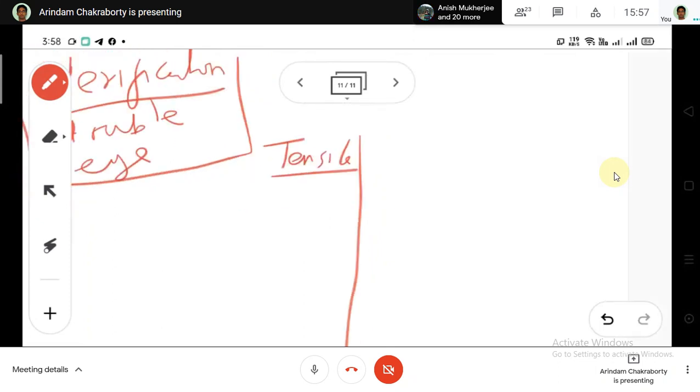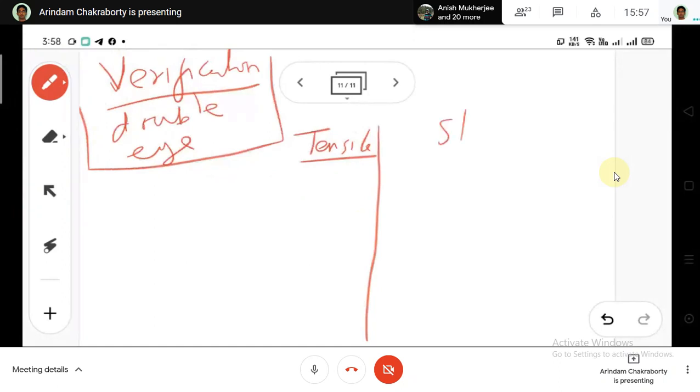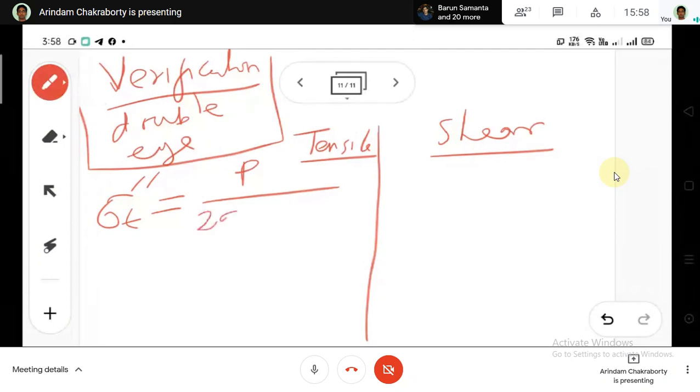Another one is shear. We know the value. We know the formula, that is sigma. Now write sigma double dash T, not double T, double dash T, is equal to P by 2A into (D naught minus D).